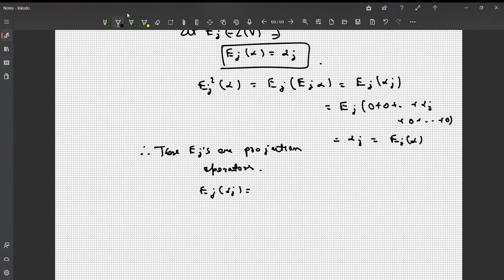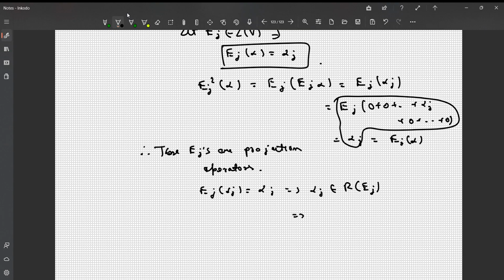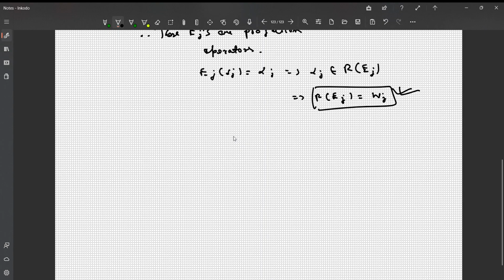Obviously, Ej of alpha j is nothing but alpha j. That implies alpha j belongs to the range of Ej. And that gives us that the range of Ej is nothing but the subspace Wj. Okay, clear?